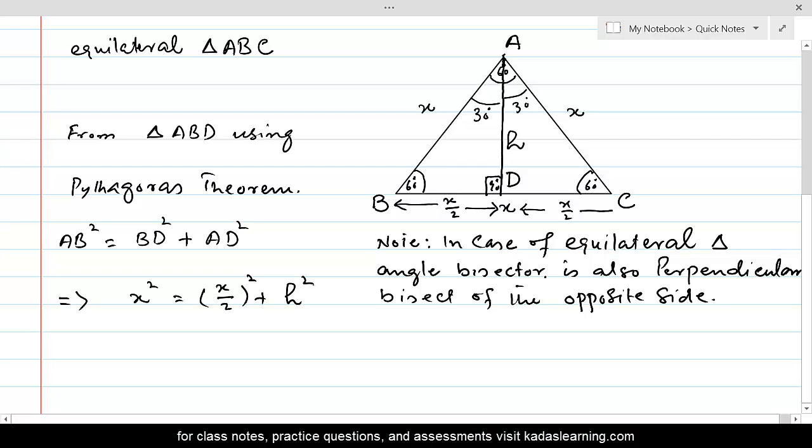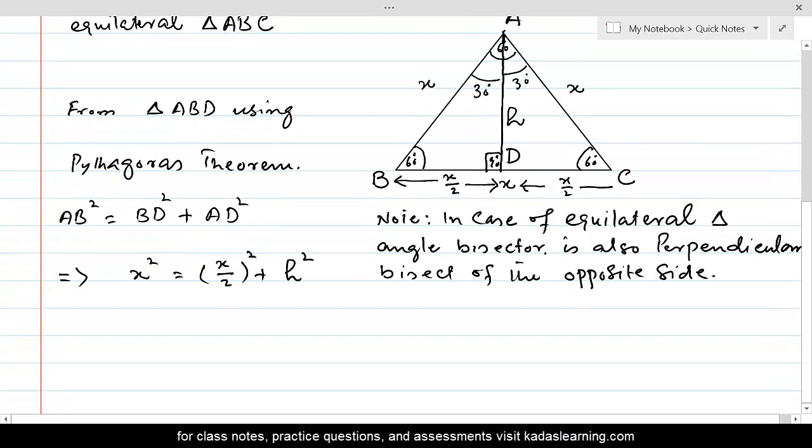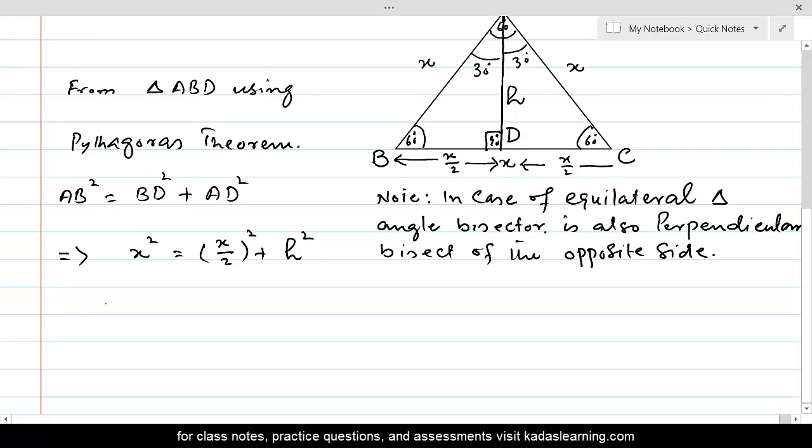Because we know what x is, we just want to find out the value for h. This means h square will be equal to x square minus x square over 4.